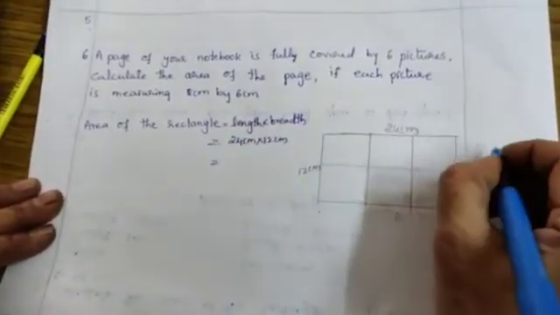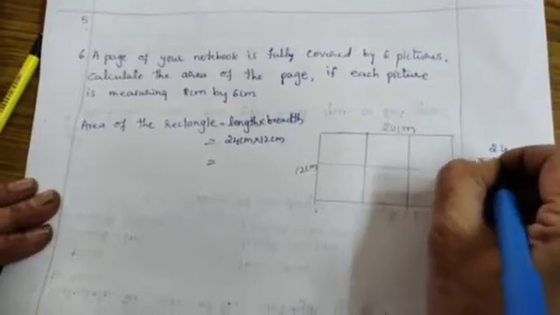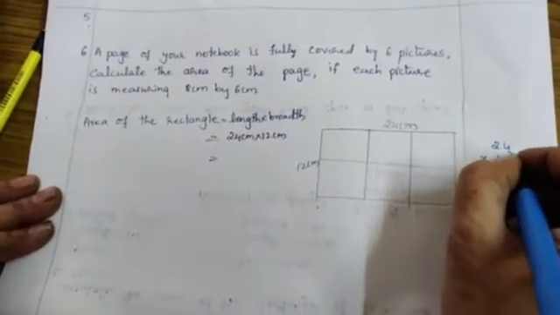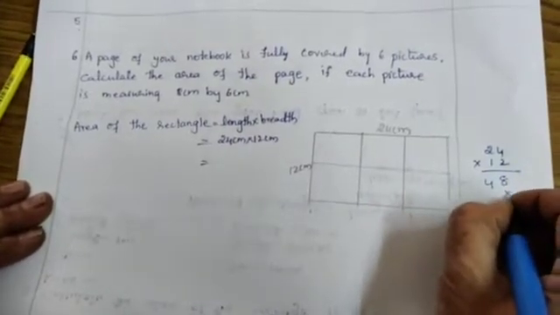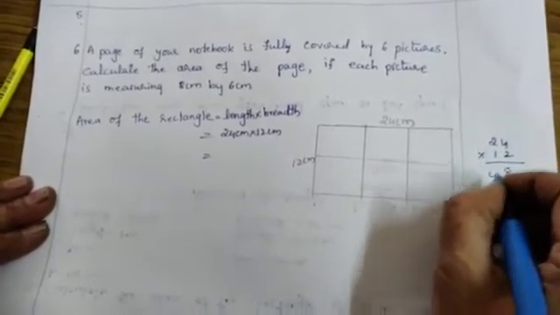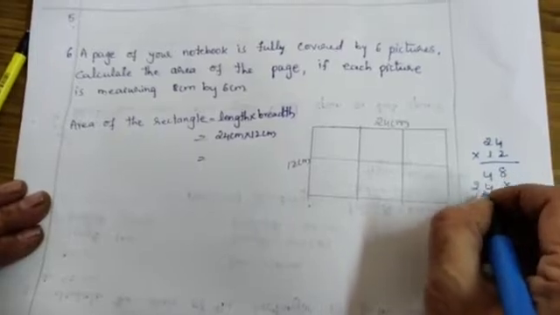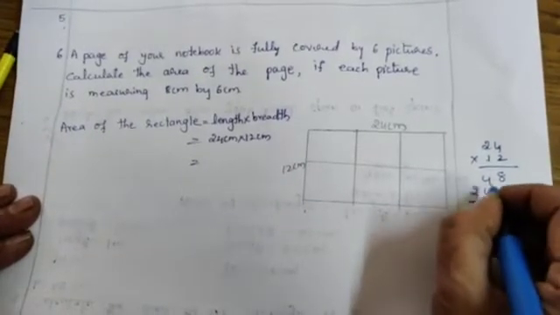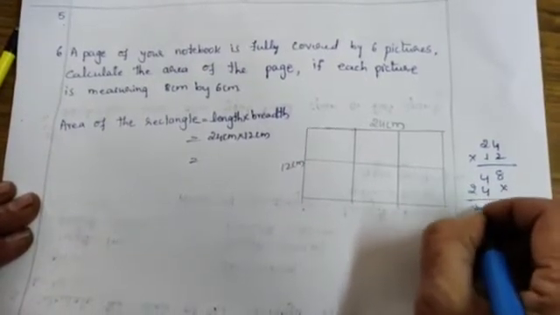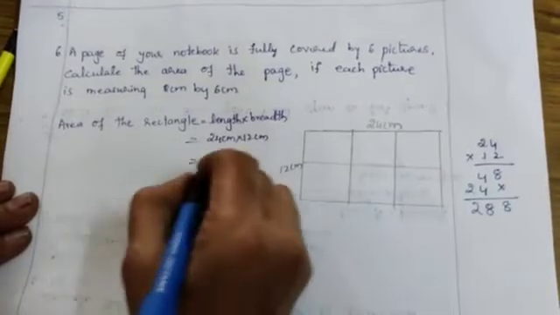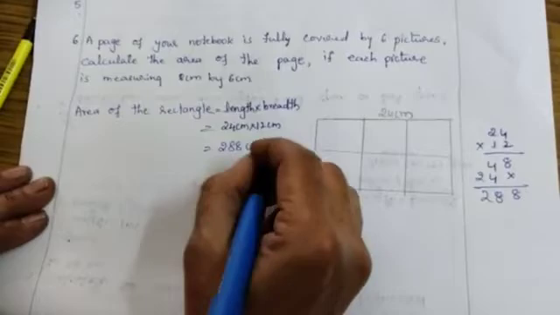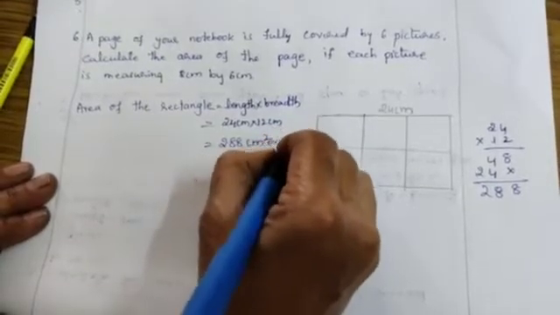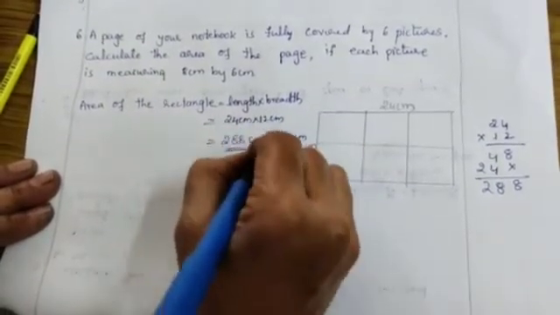So 24 into 12. 2 fours are 8, 2 twos are 4, 1 four is 4, 1 two is 2. 8, 4 plus 4 is 8, 2. So 288 square centimeter is the answer.